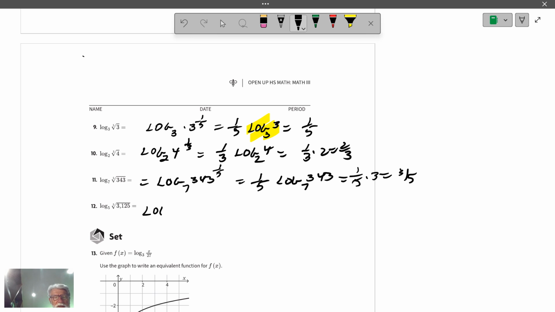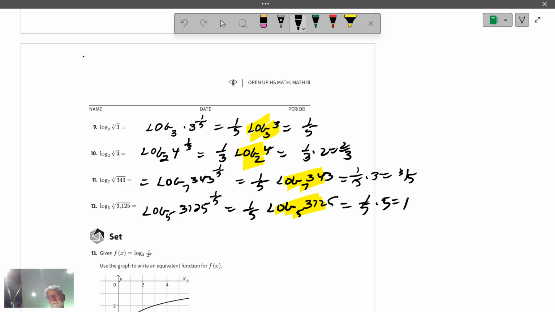And the next one, this is the log of 3,125 to the 1/5 power in base 5, which is 1/5 the log of 3,125 in base 5. And all of these logs that I'm highlighting in yellow are exact values. In this case, 3,125 is 5 to the 5th. So this is 1/5 of 5, which is equal to 1. Some tricky ones there.